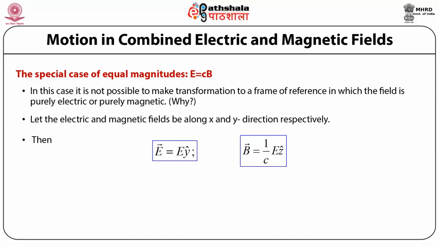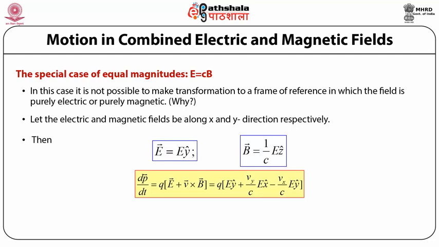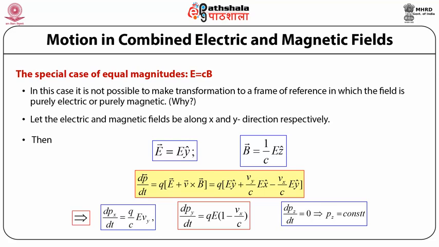And B equals B z cap, and dp by dt equals q times E plus v cross B, which equals q times E y cap plus vy by c E x cap minus vx by c E y cap. So dpx by dt equals q E vy by c, and dpy by dt equals qE times 1 minus vx by c, and dpz by dt equals 0, which implies that pz is constant.